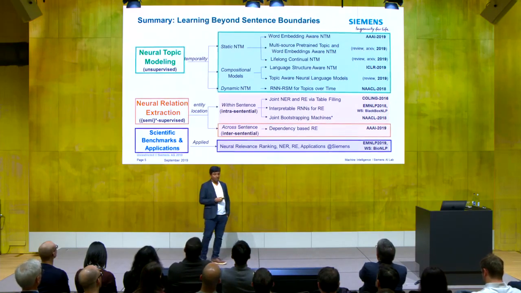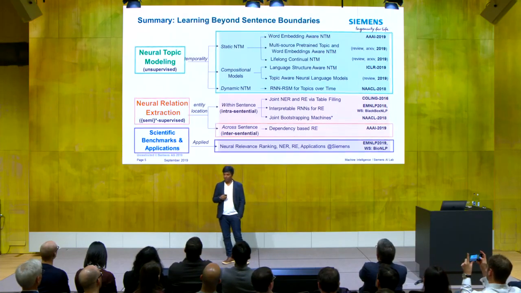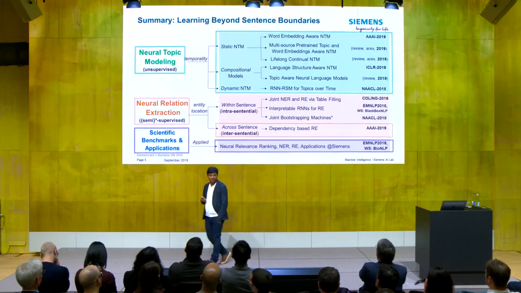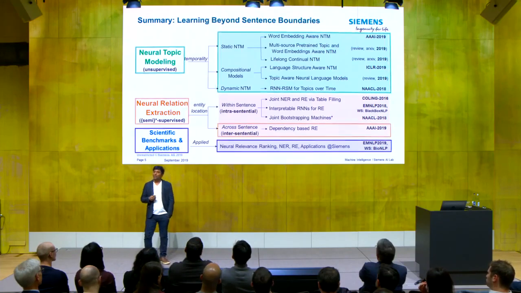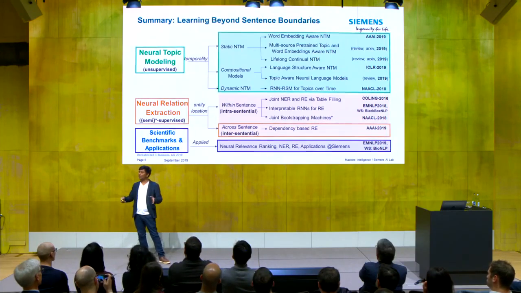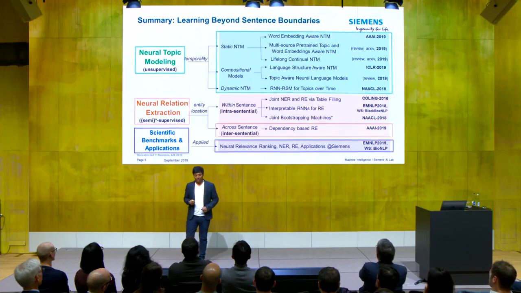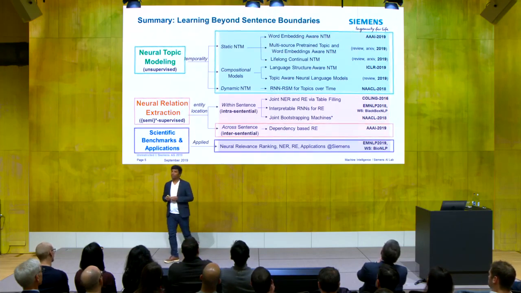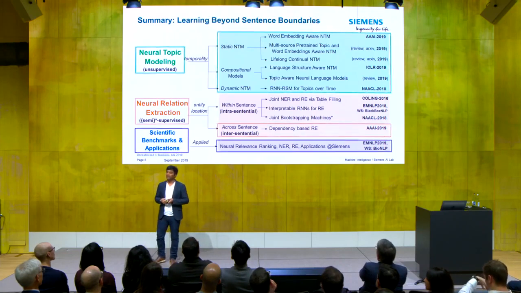I'll talk about several contributions I had during the course of my PhD and recent works. I'll talk about relation extraction, but go beyond the sentence boundary: how to extract relations beyond sentence boundaries. And lastly, I focus on some of the applications at Siemens that are running in the product, some of the research that is actually running in the product.